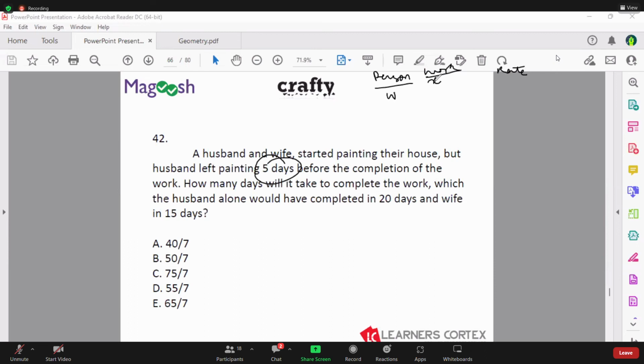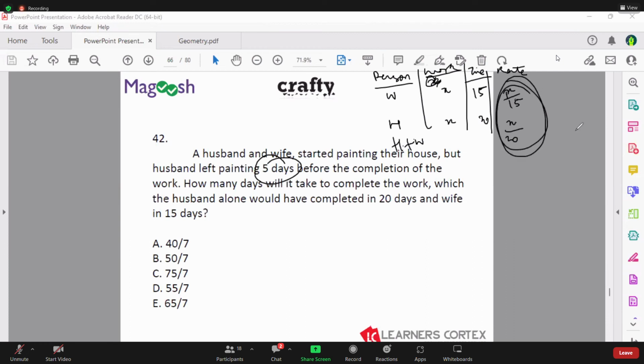Okay, this is the work, this is the rate, and this is the person. So the wife completes X amount of work alone in 15 days. This is time, let's take. So her rate would be X over 15. And if the husband is working, he completes the same work in 20 days, so that is X over 20. Now together, husband and wife, their rate would be the addition.